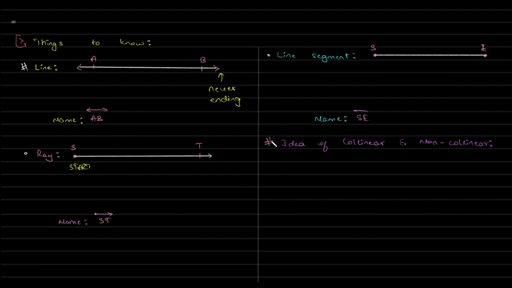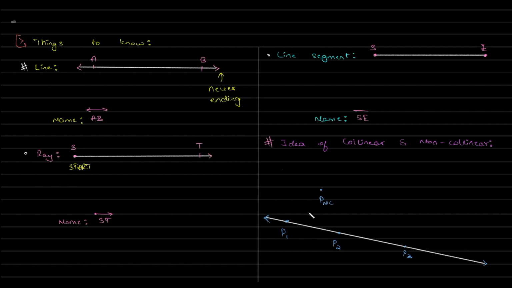The next topic that we need to know is collinear and non-collinear. So for that we need to take up a line or line segment or whatever it is. We'll take up a line itself. So we have, say, point 1, point 2. Point 3 is said to be collinear with point 1 and point 2, while this point NC is said to be non-collinear.